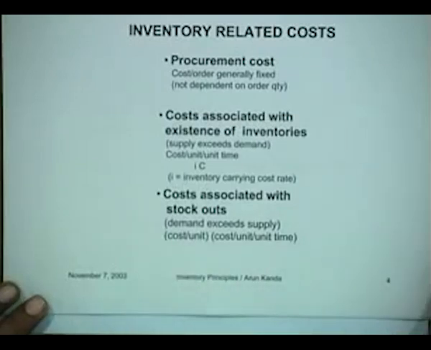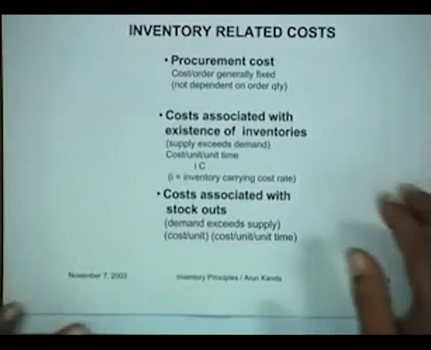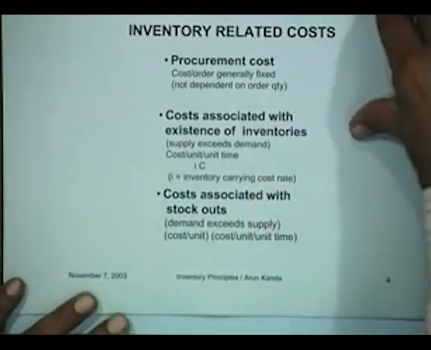So that sale is lost as far as the store is concerned. And the lost sales can be therefore expressed in terms of cost per unit in that sense, because it is not back ordered. So these are generally the major types of costs which are involved when you are dealing with inventory decisions.